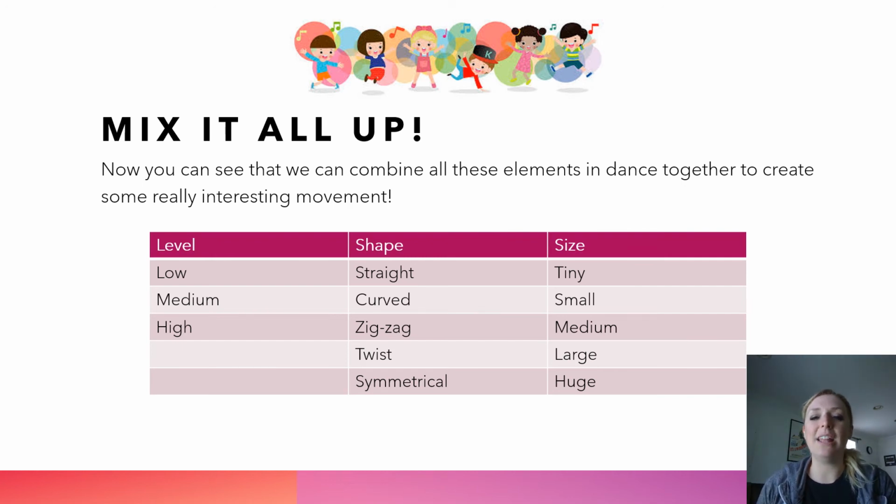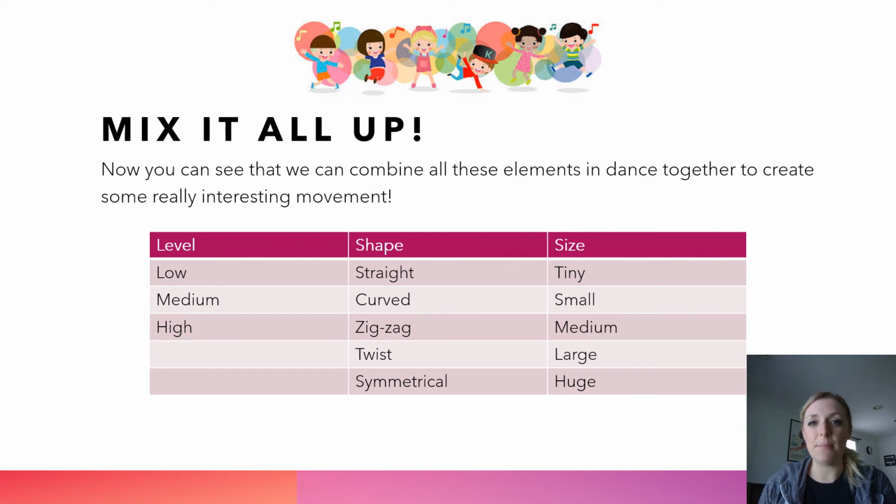So first of all, in your mind, or you can write it down if you want to, or tell somebody in the room, which level would you like to make your movement for this experiment? Low, medium, or high? Choose one level. Okay, which shape are you going to make at that level? You can make a straight shape, curved, zigzag, twist, or symmetrical.